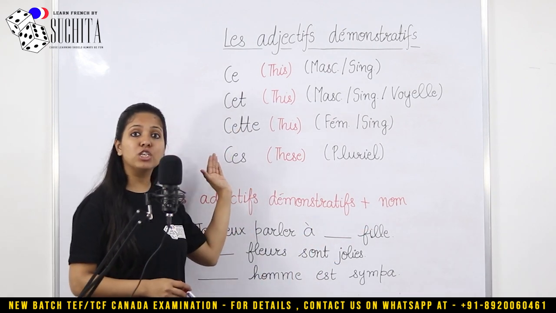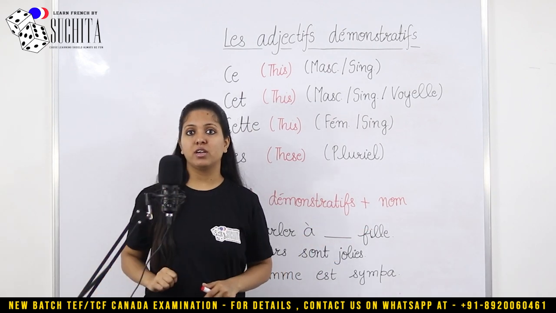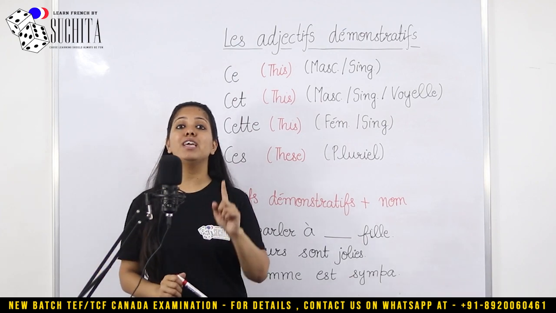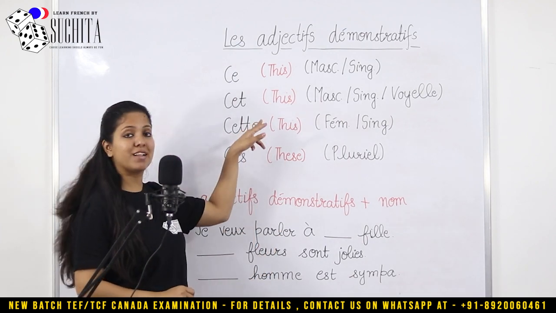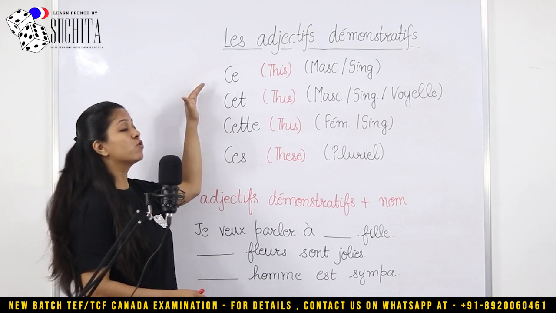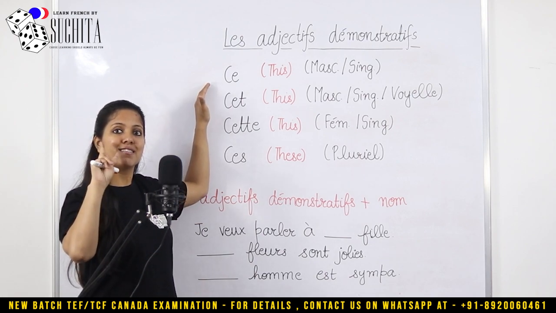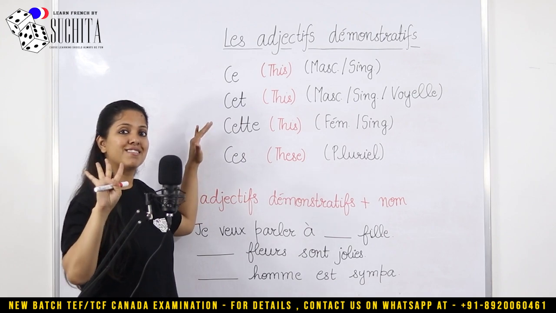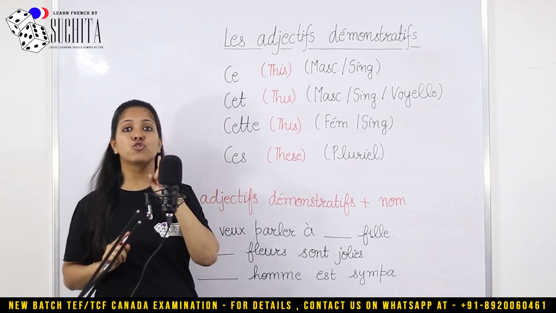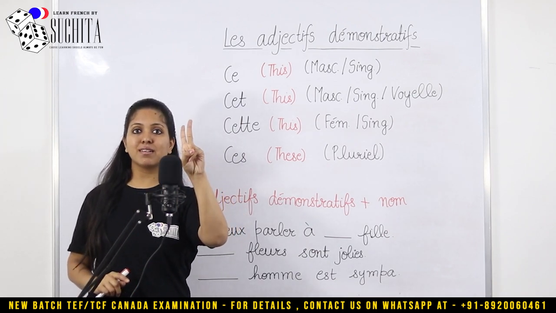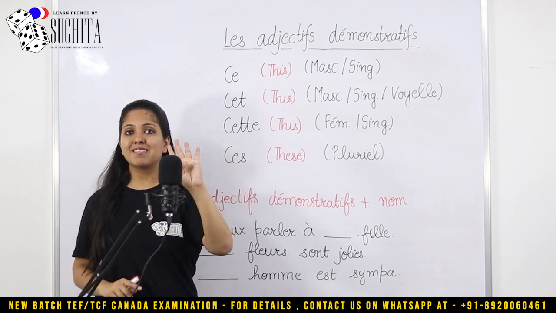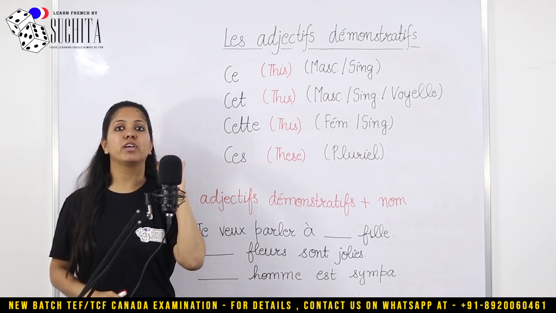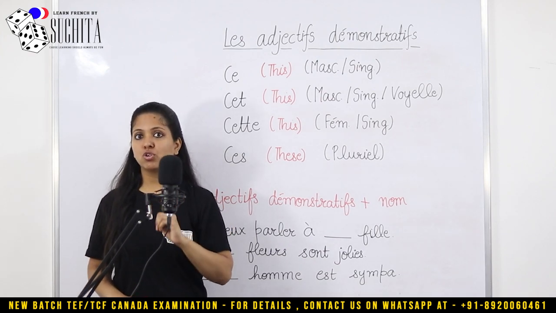Now in French you have 4 demonstrative adjectives. Vous avez 4 adjectifs démonstratifs en français. Ce, cette, cet, ces.